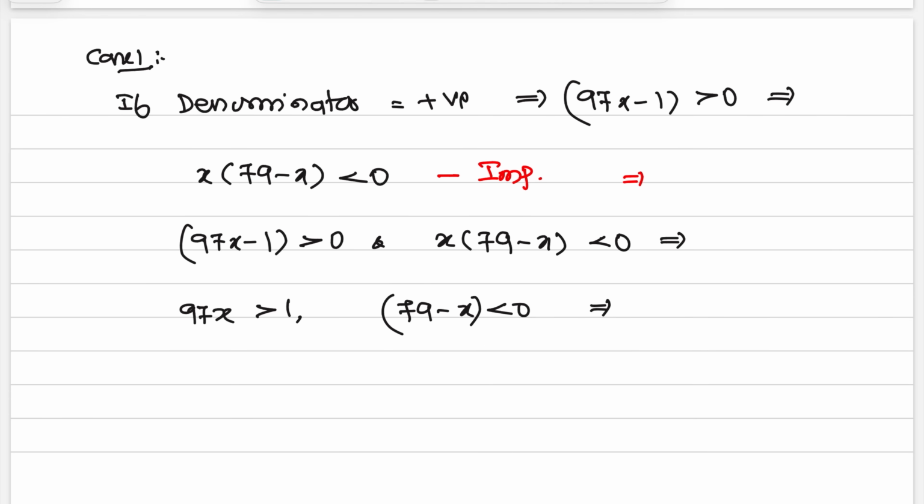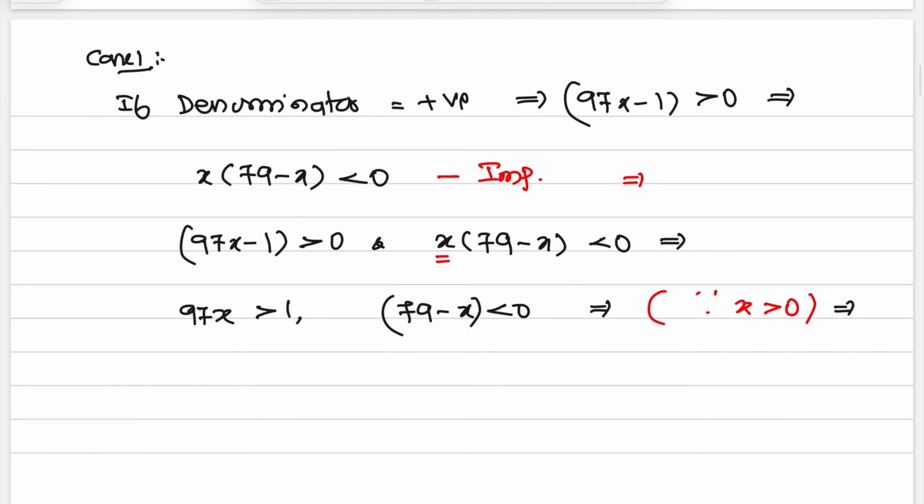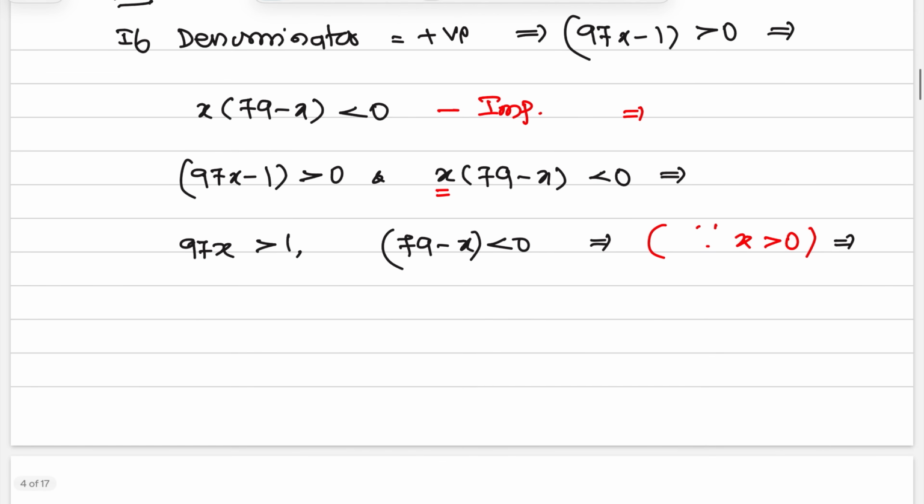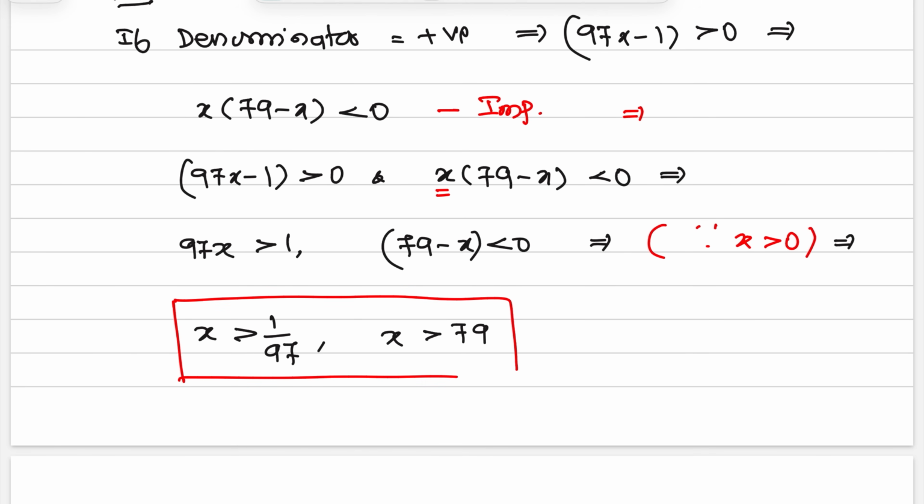Hence x cannot be less than 0, since x is greater than 0. Hence this value will be irrelevant. That implies x is greater than 1 by 97 and x is greater than 79. These are the two values which we have got from case 1 when the denominator is positive.